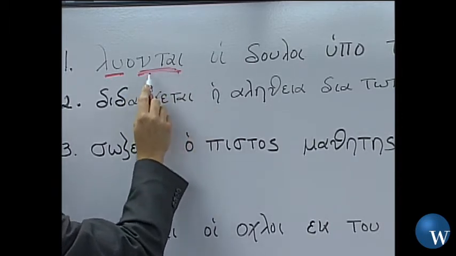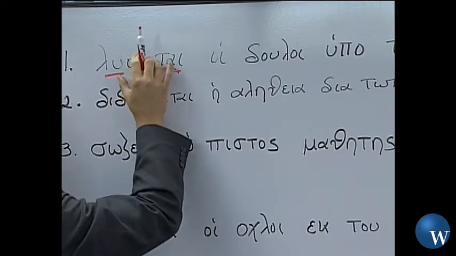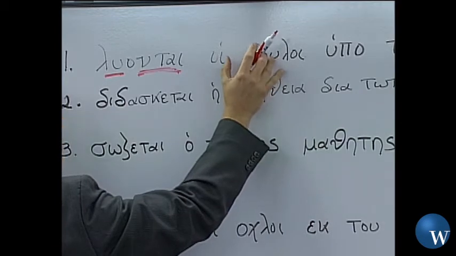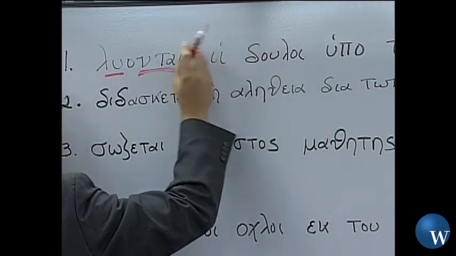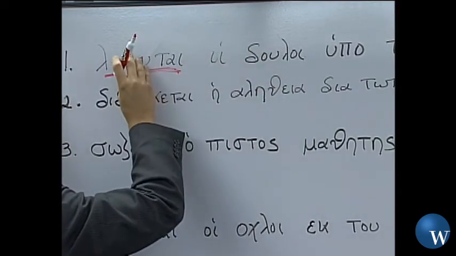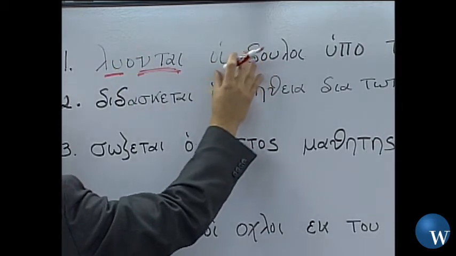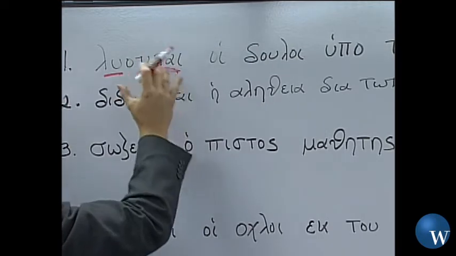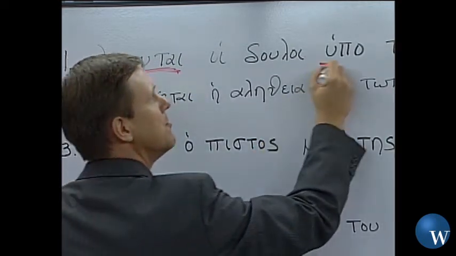So, passive. So the action or the element of this verb is being done to the subject. The subject is not performing the action of it. In other words, the slaves aren't loosing anybody, but rather the slaves are being loosed. The slaves are being loosed by whom? Well, here's our agent, hupo.